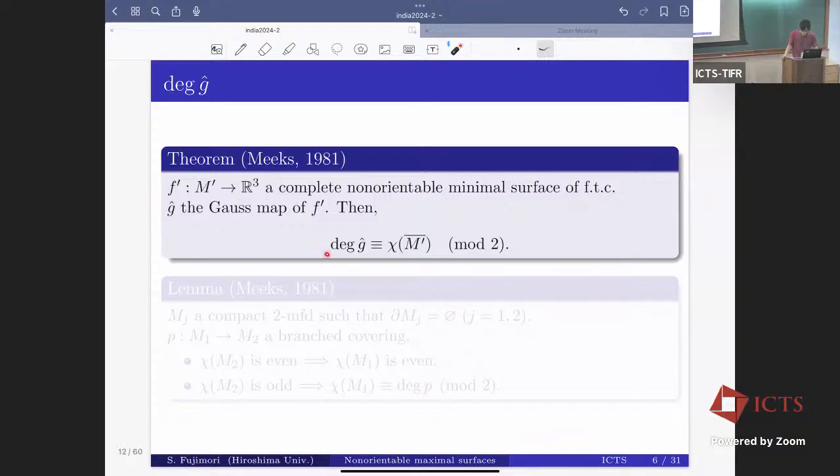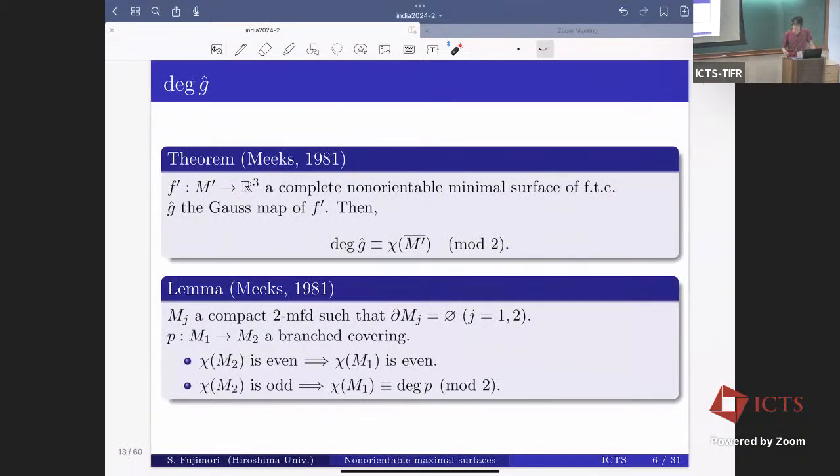Then the degree of G hat is congruent to the Euler characteristic of the compactification of M prime mod 2. So if M prime bar is RP2, then the degree of G is odd. If the compactification of M prime is the Klein bottle, then this is always an even number, and so on. So this is quite a strong result.